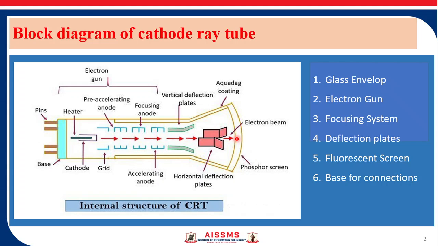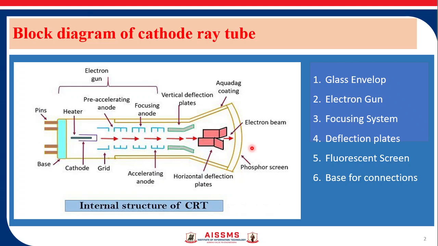Now, one thing is more important, that when the electrons strike the screen, that releases secondary emission electrons. So, aqueous graphite solution known as aquadag collects these secondary electrons. This aquadag is joined to the secondary anode. So to maintain the CRT in electrical equilibrium, it is necessary to collect the secondary electrons.